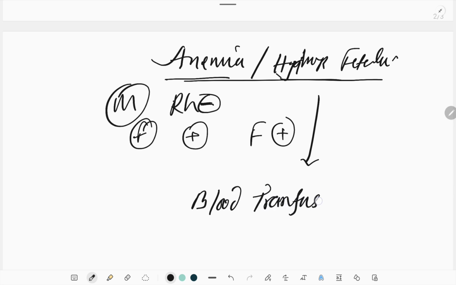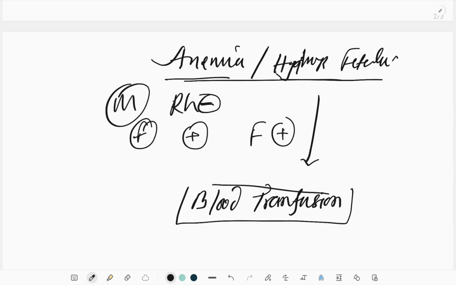These blood transfusions can be done using the umbilical vessels. So this is called intrauterine transfusion for fetal anemia. Okay, so intrauterine blood transfusion can be done by approaching the umbilical blood vessels.